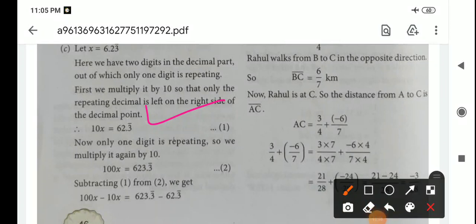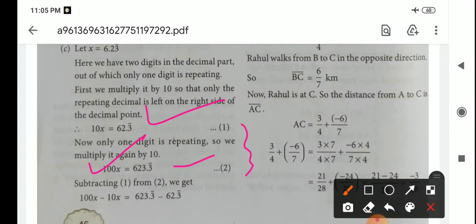Then what we do? Now again only 1 digit is repeating. So we multiply again by 10. Then we get how much? Left side 100x. Then right side 623.3 bar. Okay.